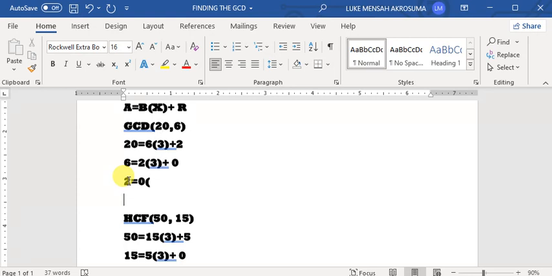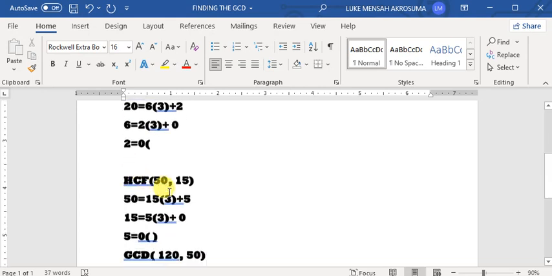So, at any point where you have 0 as a remainder, the previous remainder is the GCD. As observed in the first case, when we had 0 as a remainder, the previous remainder was 2, and it ended up being the GCD.